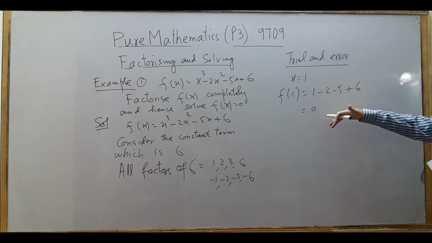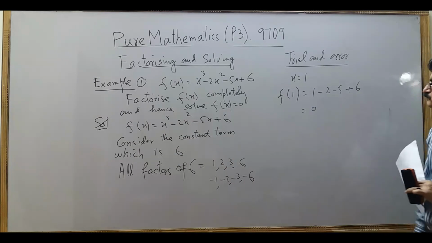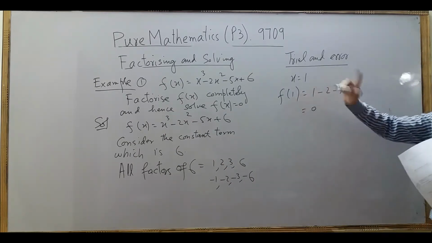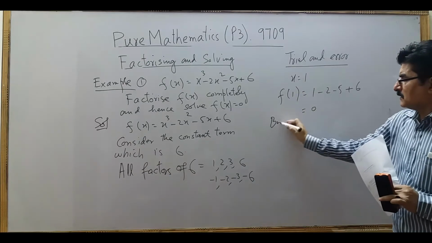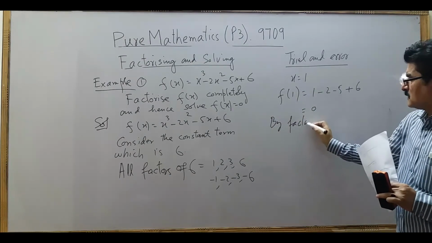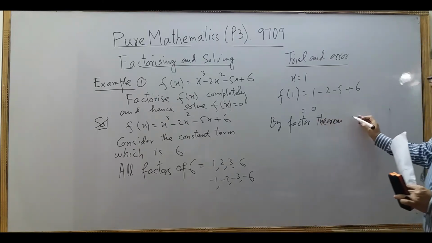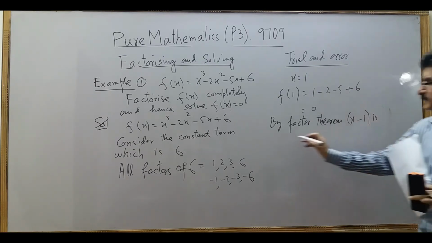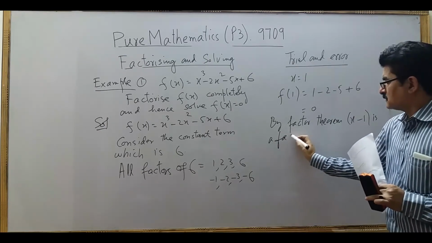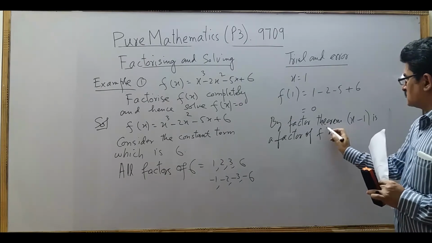If you don't get 0, then you will go to the next value and so on. By the factor theorem, x - 1 is a factor of f(x).